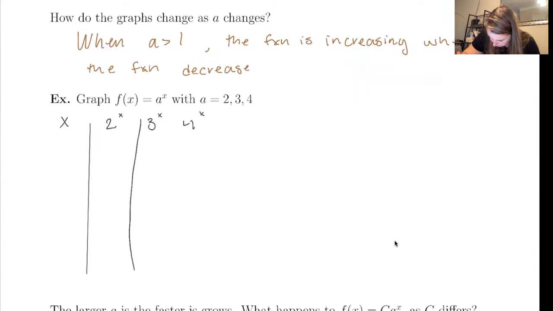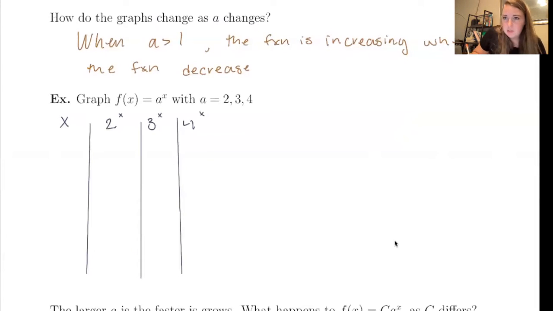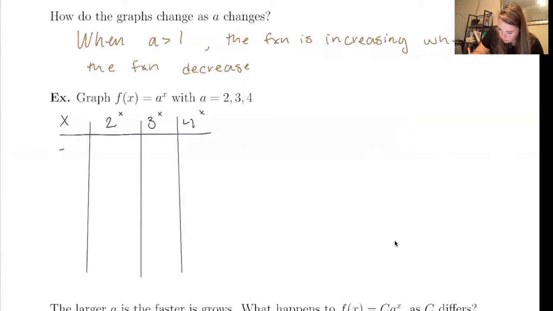And we'll keep doing -2 to 2. And remember, that's just to get a good idea of what the graph looks like. You can do whatever numbers, but definitely do some negative values as well, and the initial condition. So we're going to do -2, -1, 0, 1, and 2.